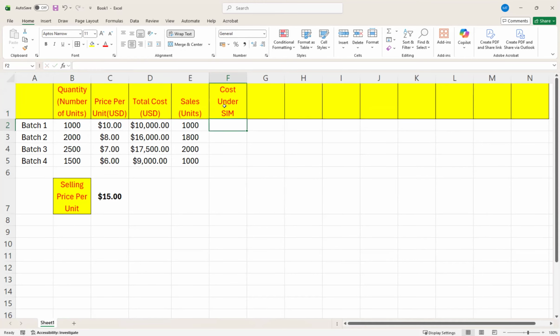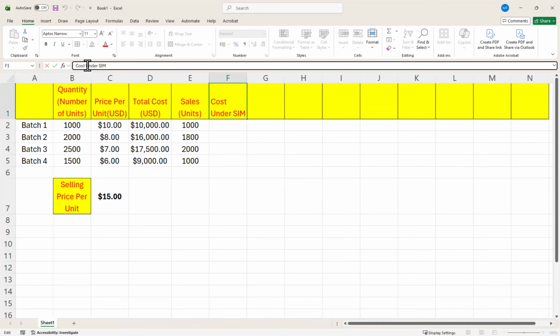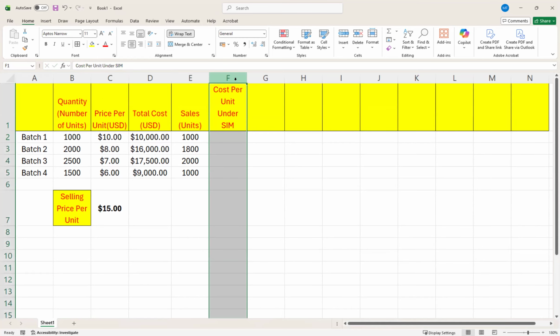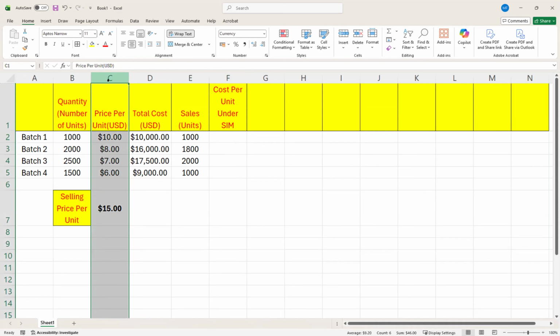Now quickly tell me, what is the cost per unit under the specific identification method for the first batch, for this first round of sale? Under specific identification, will this cost per unit be any different from the actual price?